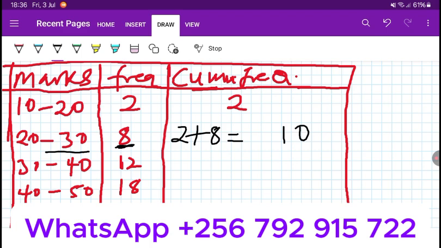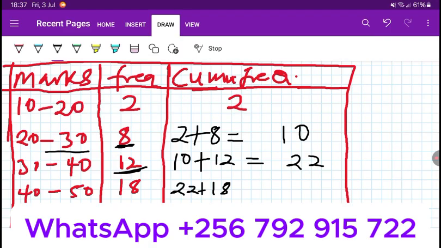For the third class, we get 10 plus the frequency of that class, which is 12, and this will give you a 22. For the fourth, we take 22, which is the cumulative frequency for the previous class, plus the frequency of the next class, 18, and this will give you a 40. Then you get the 40 plus the 28, and this gives you 68.